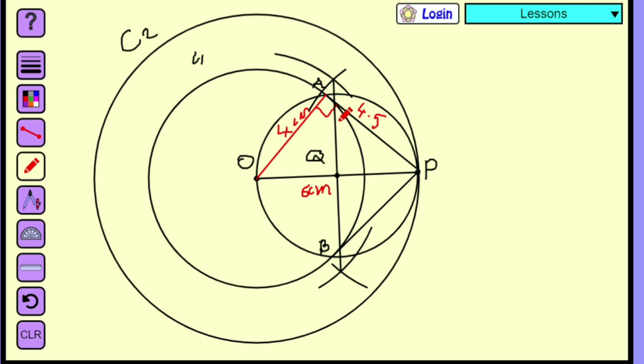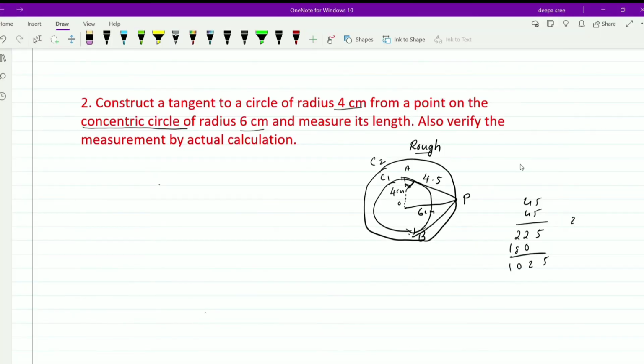Therefore, OA is perpendicular to PA. Then by using the Pythagoras theorem, we can find the value of PA by using OA and OP. So we can verify the length of the tangent by actual calculation.